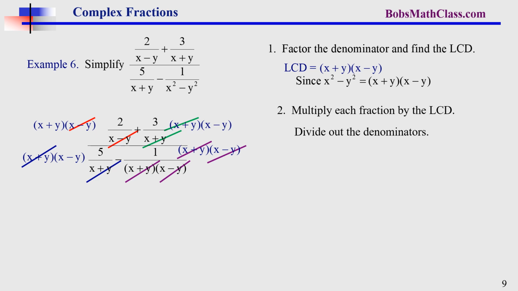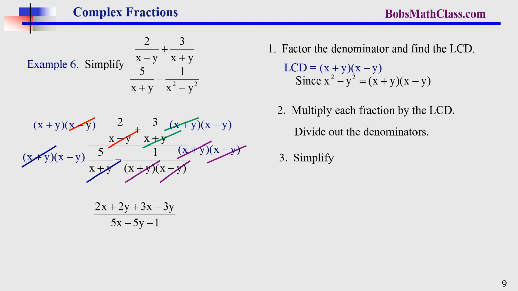Now, what do we have left on top? Well, we're going to have to do some distributing. We have a 2 times x plus y. We have a 3 times x minus y. On the bottom, we have a 5 times x minus y, and the negative 1 times nothing, just negative 1. So it's 2x plus 2y plus 3x minus 3y.